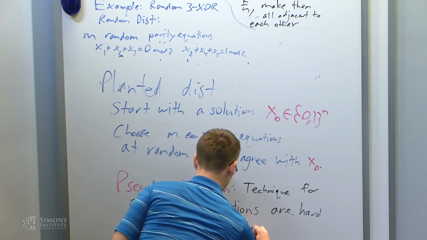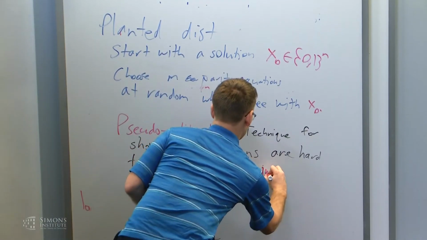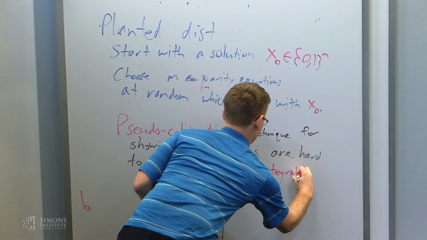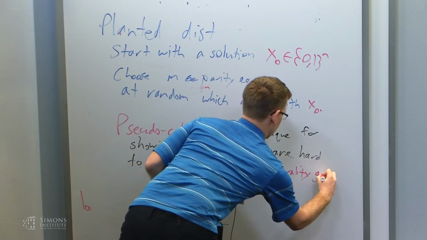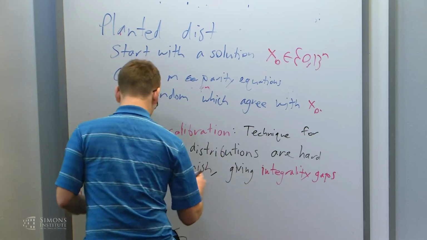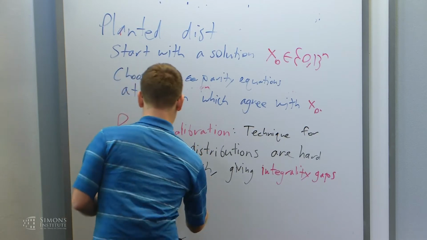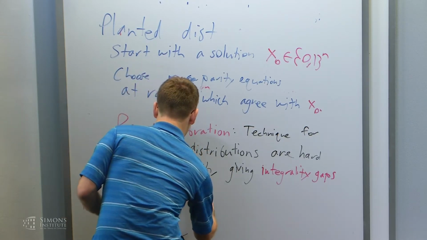And this gives us integrality gaps for sum of squares. So for much of the talk, we'll focus on sum of squares.